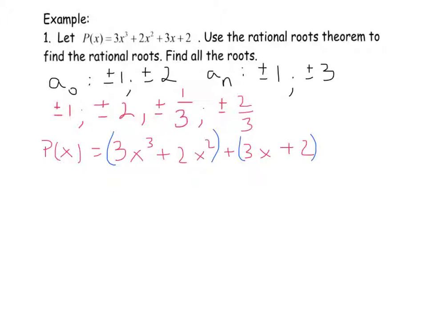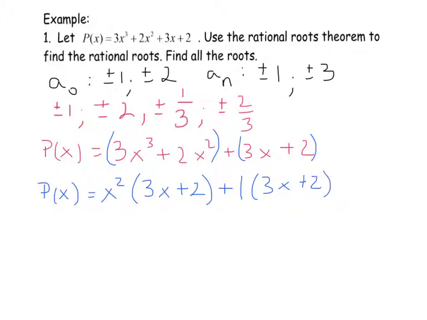If I factor something out, I can factor out an x squared from the first group, so x squared times 3x plus 2. From the second set of parentheses, I can factor out 1, and I have 3x plus 2. Now if I take out the common factor, p of x equals 3x plus 2 is my one factor, and x squared plus 1 is my second factor.